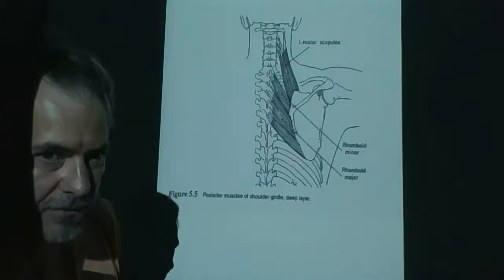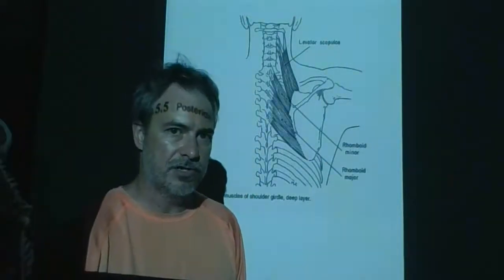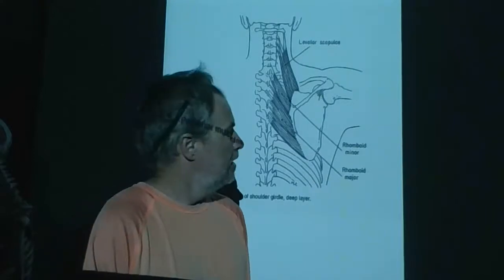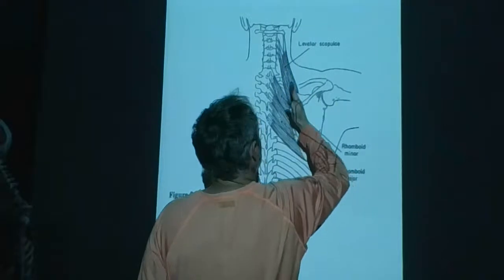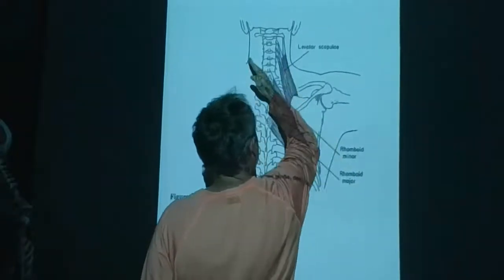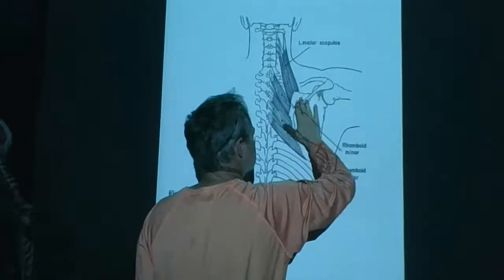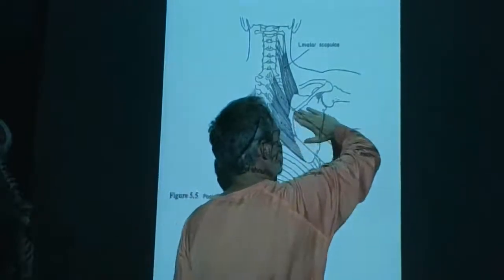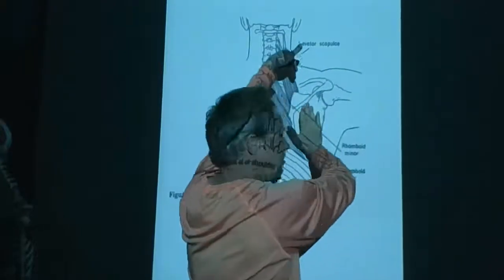In addition, you have the levator scapulae, elevation of the scapula, pulling in the direction of elevation. But not only is it trying to pull up, it's going northwest, right? Up and across. So elevation, retraction, and also, especially when the scapula is upwardly rotated, it has a nice downward rotation pull to it.